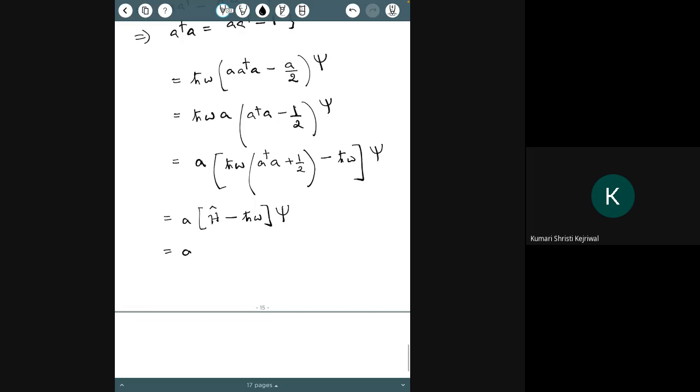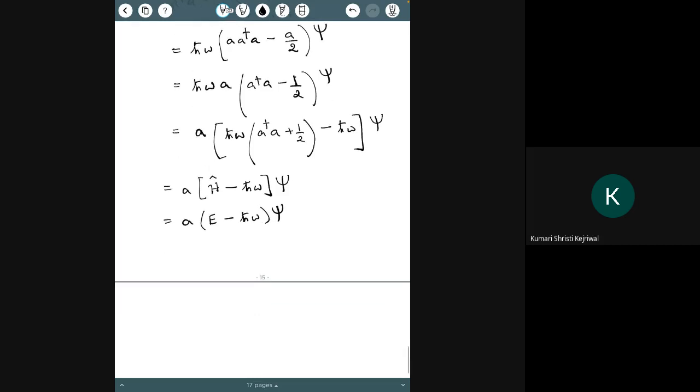Okay, so now I can act H on psi, and that will give me the energy E psi. So I have E, and h cross omega can remain as it is, psi. And now this is a number, so I can move this to the left, E psi.